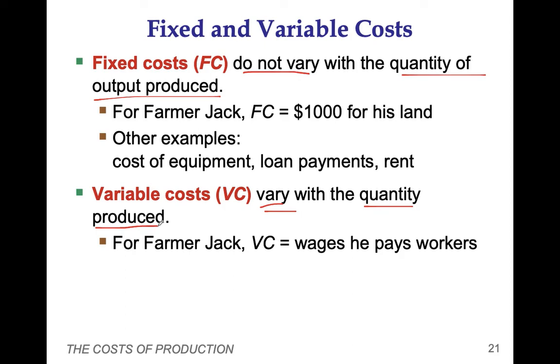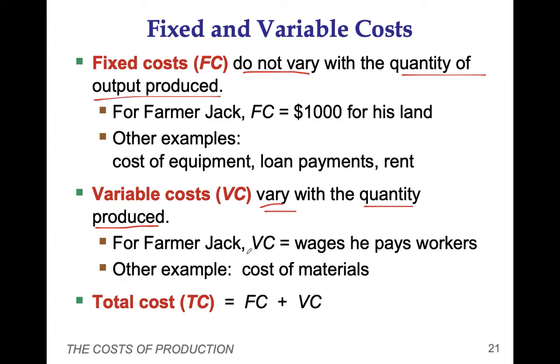So this total wages to workers varies according to the quantity produced. So we call such type of costs variable costs. Other examples: cost of materials, resources, etc.